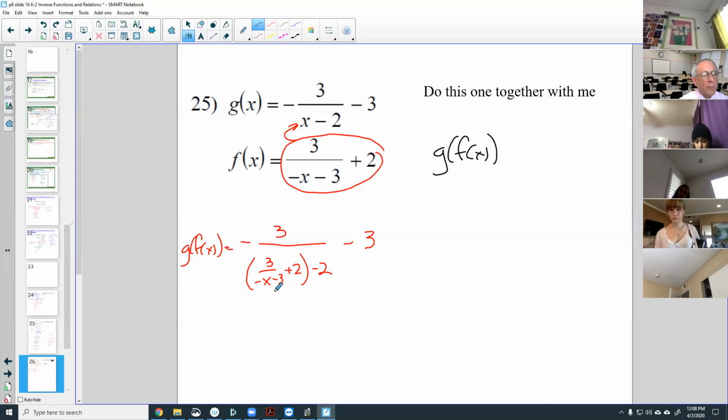the denominator here is kind of messy. What would you do to make that less messy? I can't see it. I don't know. Okay, so I'm going to ask you a question. If I have A plus B minus C, is that the same thing as A plus B minus C?